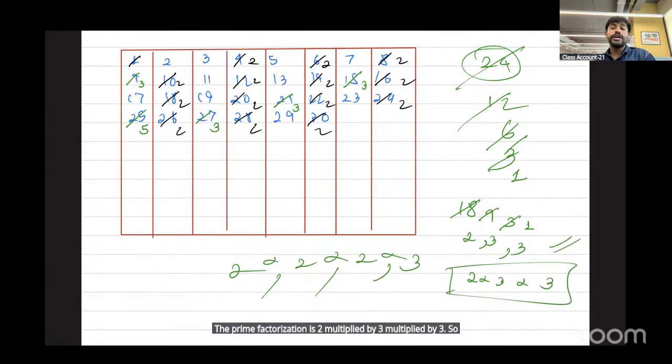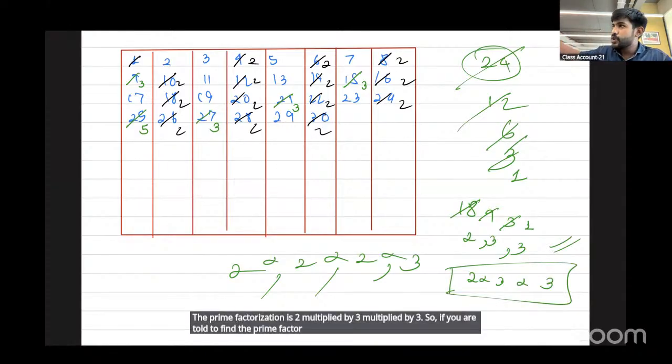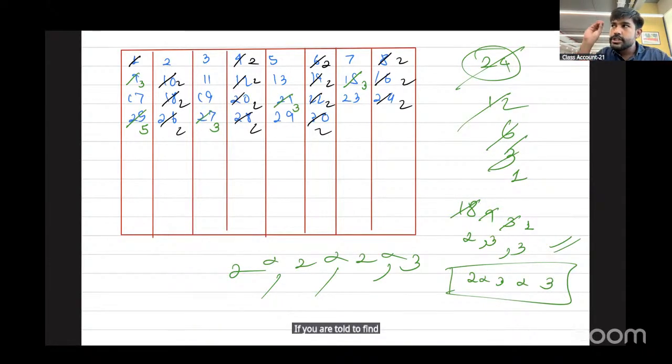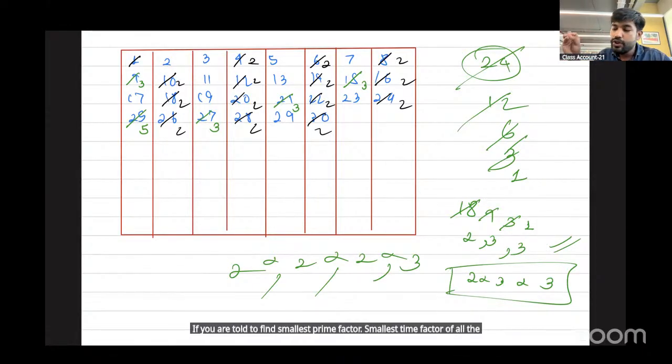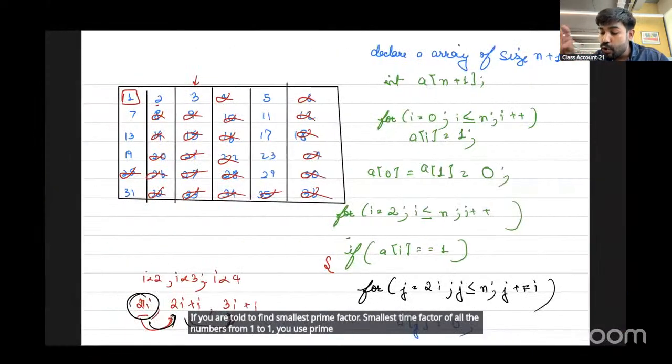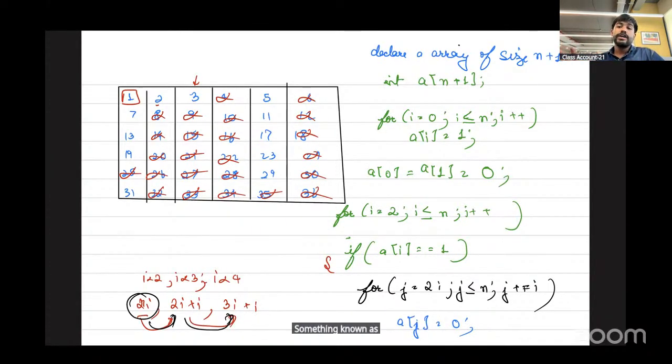So if you are told to find the prime factorization from 1 to n, you can use prime sieve. If you are told to find the smallest prime factor of all the numbers from 1 to n, you use prime sieve. If you are told to find out all the prime numbers from 1 to n, you use something known as prime sieve. So everything in DSA which relates to sieve, which relates to prime, can be solved using prime sieve.